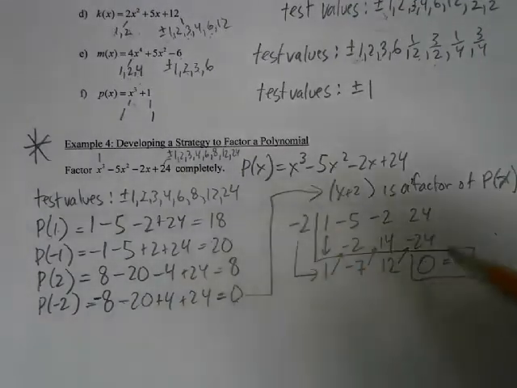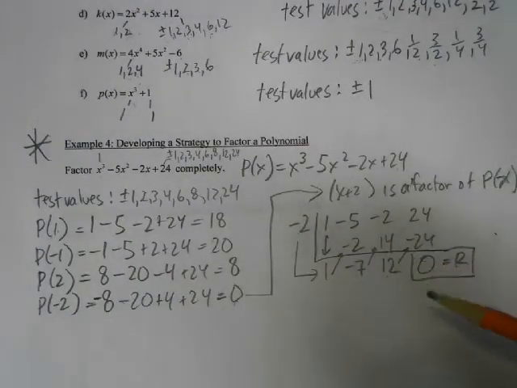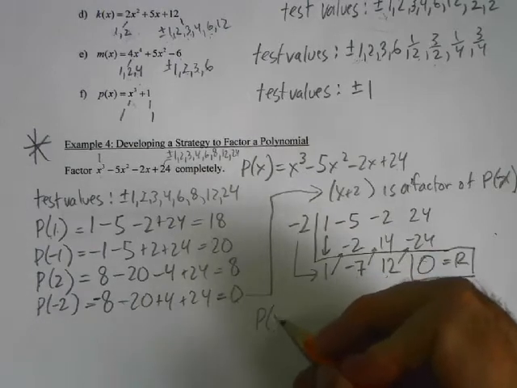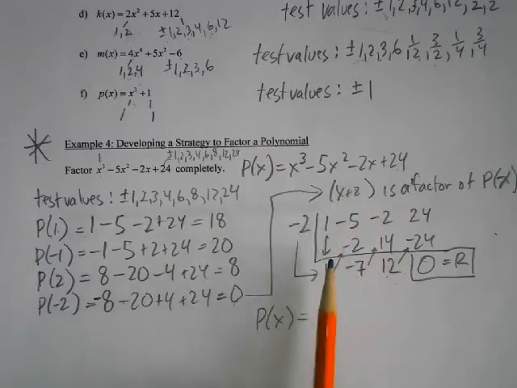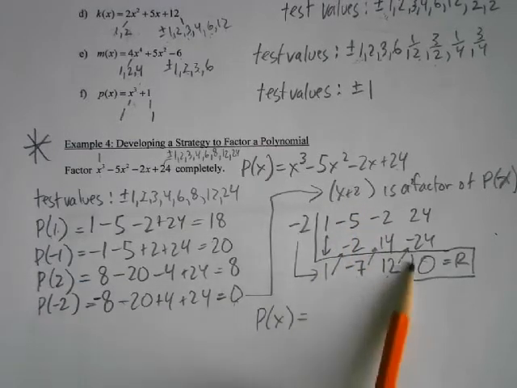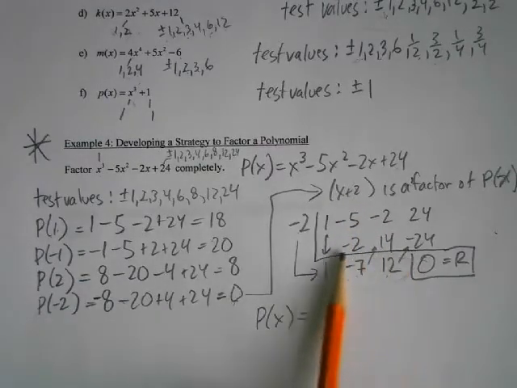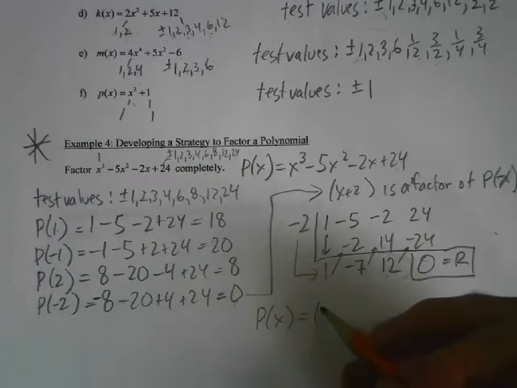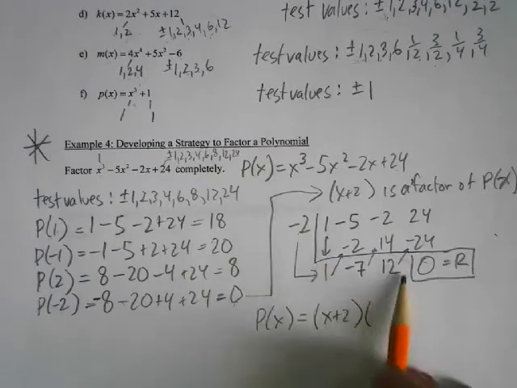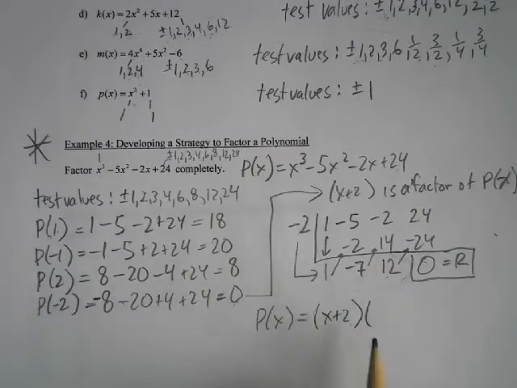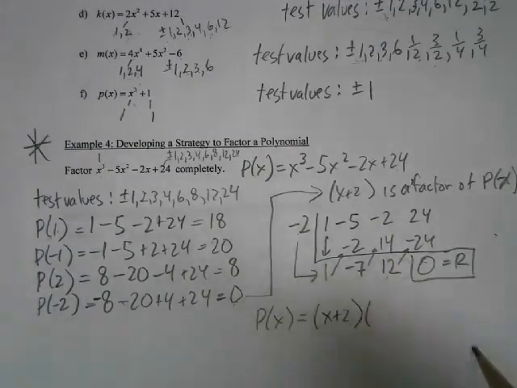Okay, so what does this all mean? Well, now I can actually rewrite P of x into 2 factors, this factor and basically the result, the quotient of this division. So that's going to be x plus 2, and now we've got to convert this trinomial into something with an x squared.